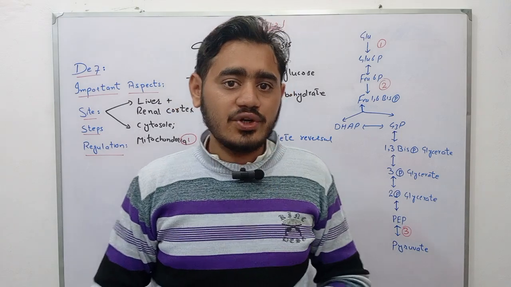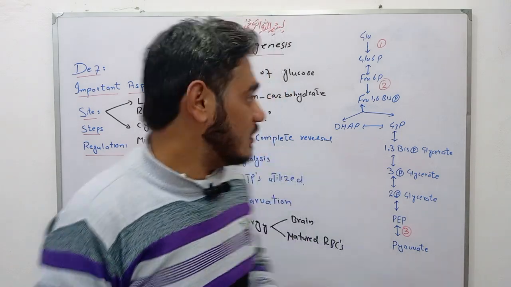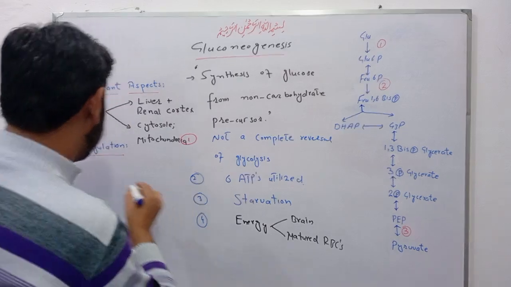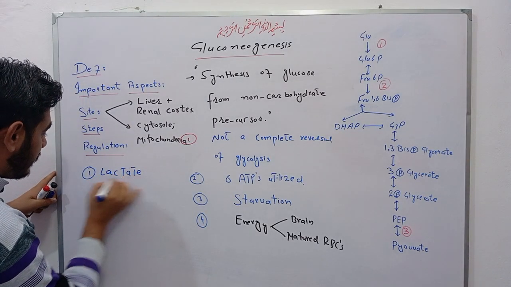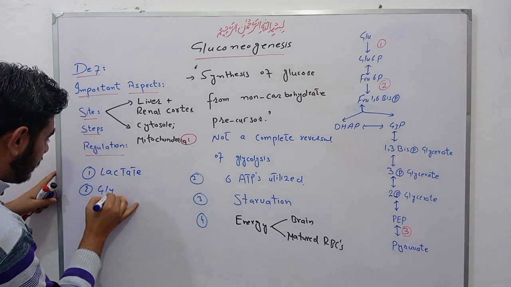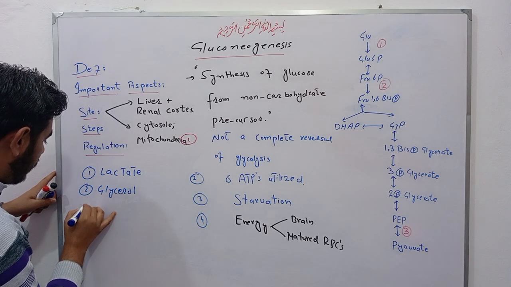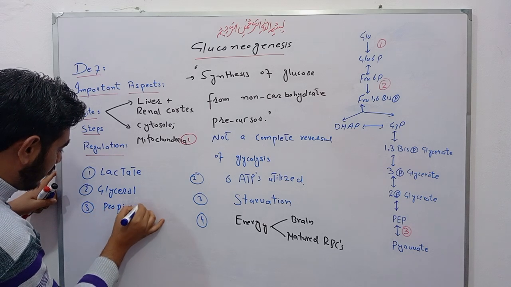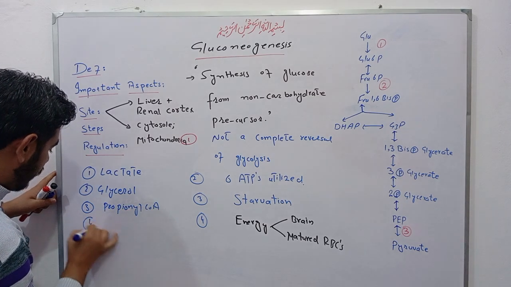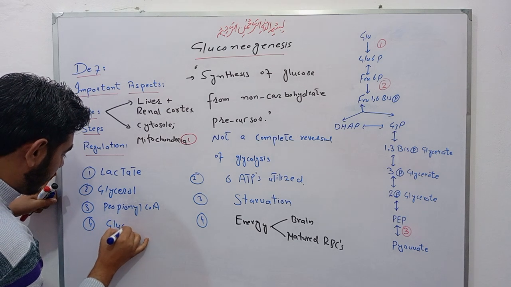There are four important non-carbohydrate precursors: first one is lactate, second one is glycerol, third one is propionyl CoA, fourth one is glucogenic amino acid.